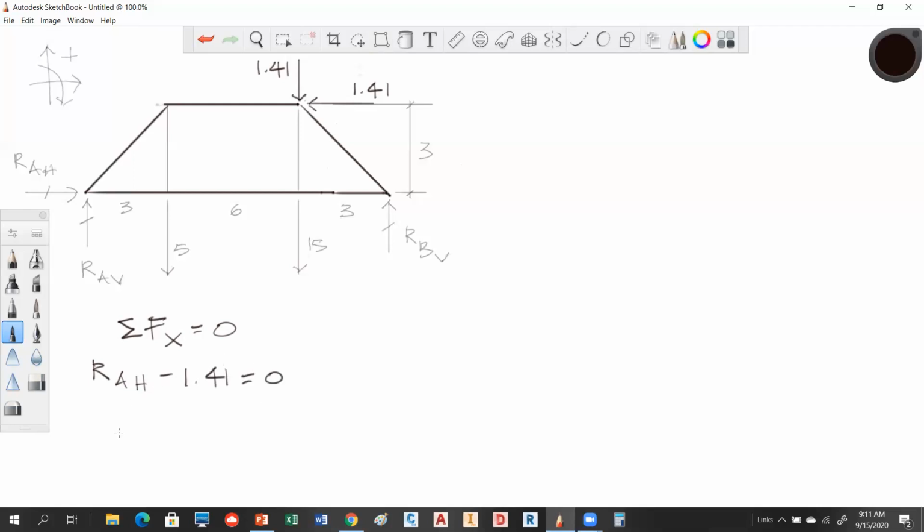So beautifully, this just resolves right out. RAH is 1.41, and that would be kilonewtons because that's the base unit. And since I indicated it was going this way, and since it's positive, that's what it tells me. So that was a really quick, easy solution. Nothing to that, right?